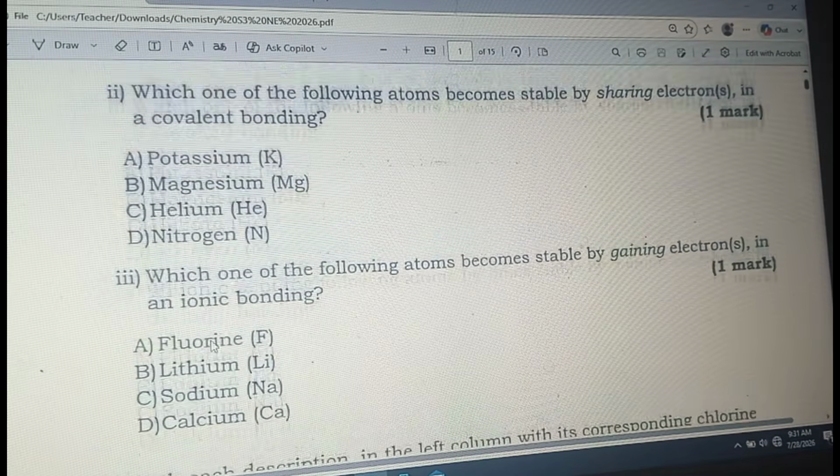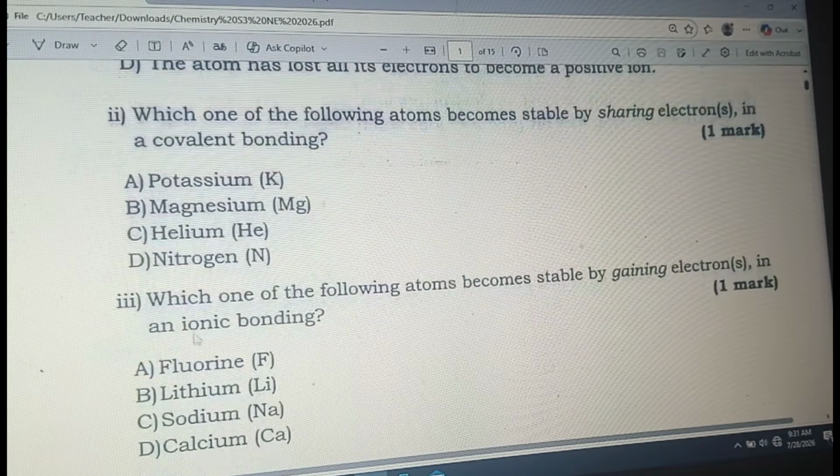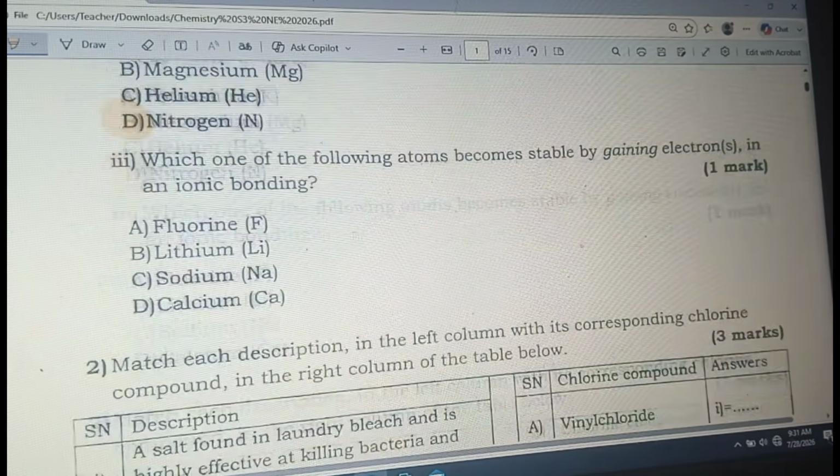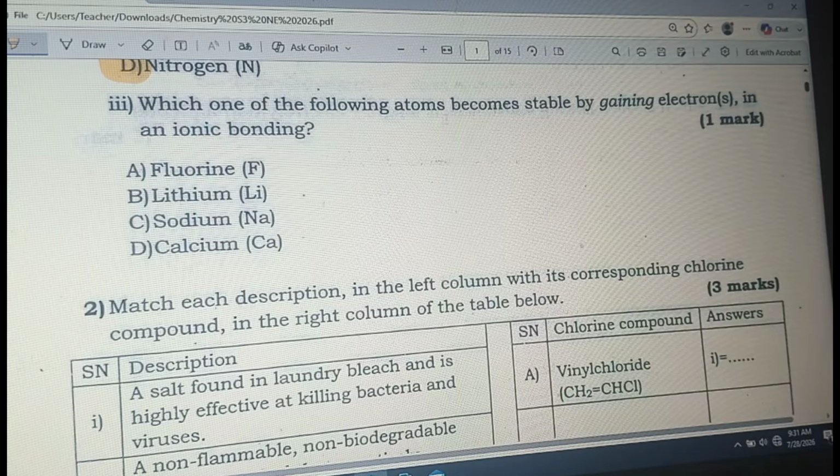Let's continue with I.3. Which one of the following atoms becomes stable by gaining electrons in an ionic bond? An ionic bond is a bond between metal and non-metal.